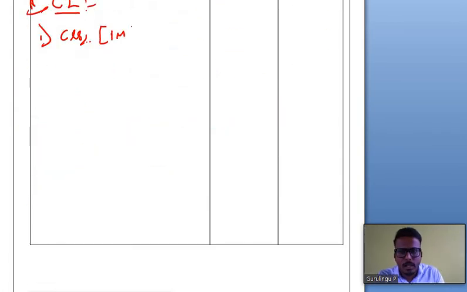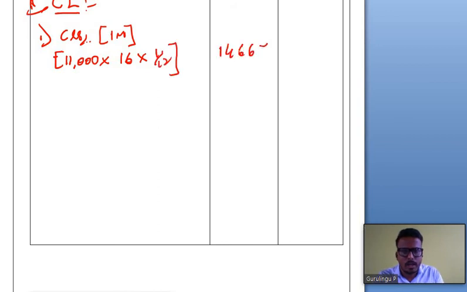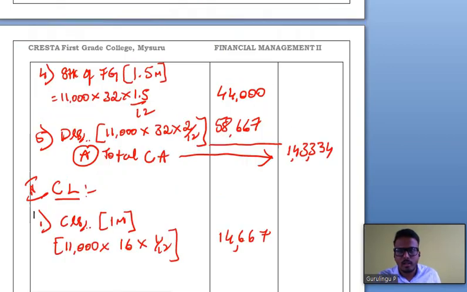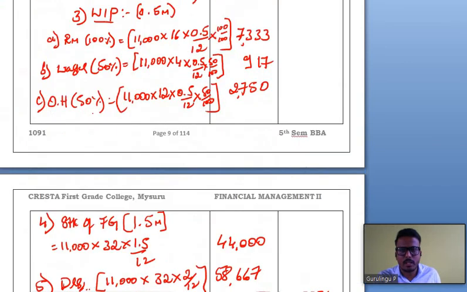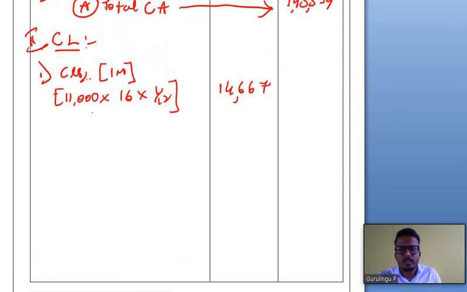The second item is lag in payment of wages. See adjustment F, lag in payment of wages, 2 weeks. 2 weeks is equal to how many months? It is 0.5 months, that is half a month. So here again you need to take 11,000 into per unit wages.